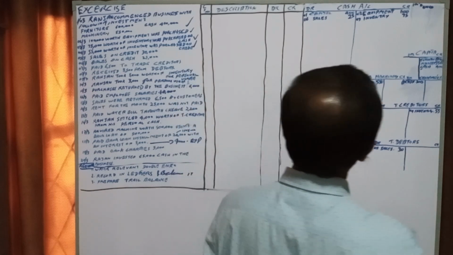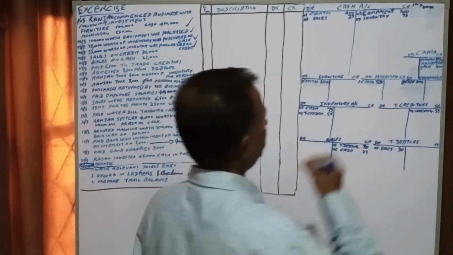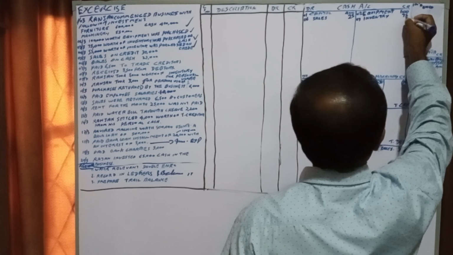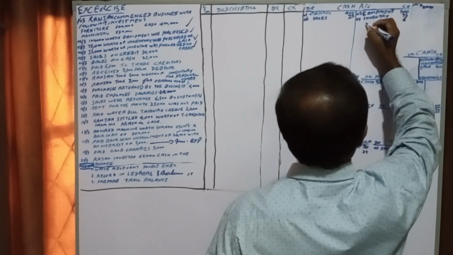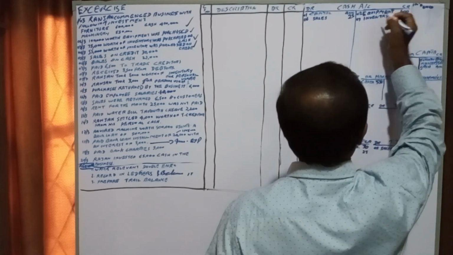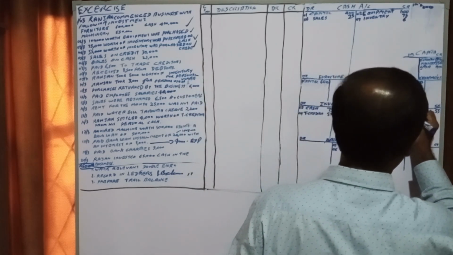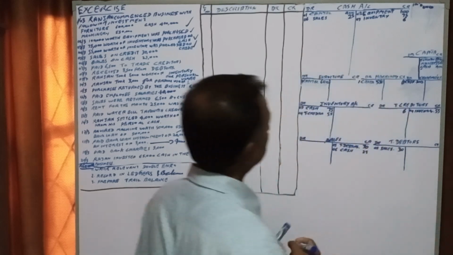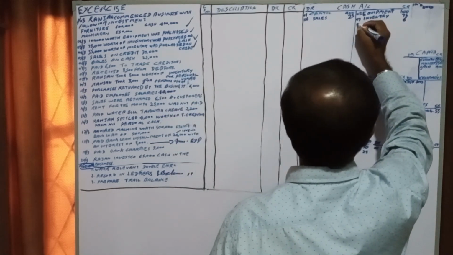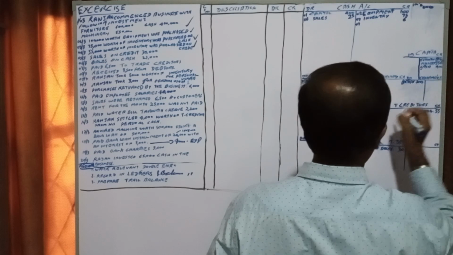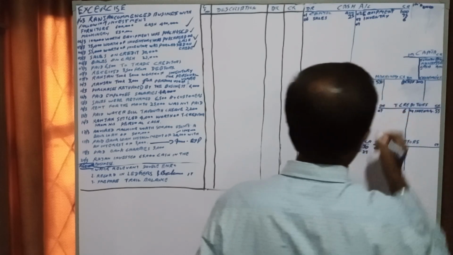So the cash account is going out. We are paying 6,500. The trade creditors account is debited. This happened on 7th.